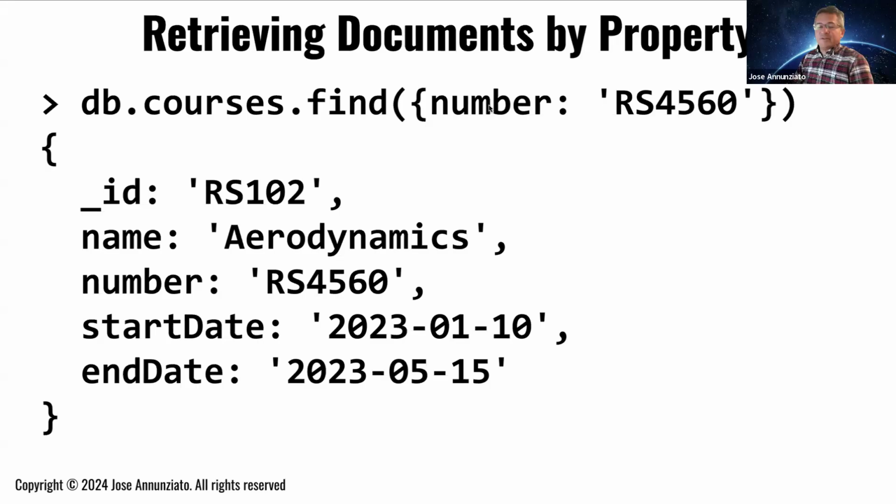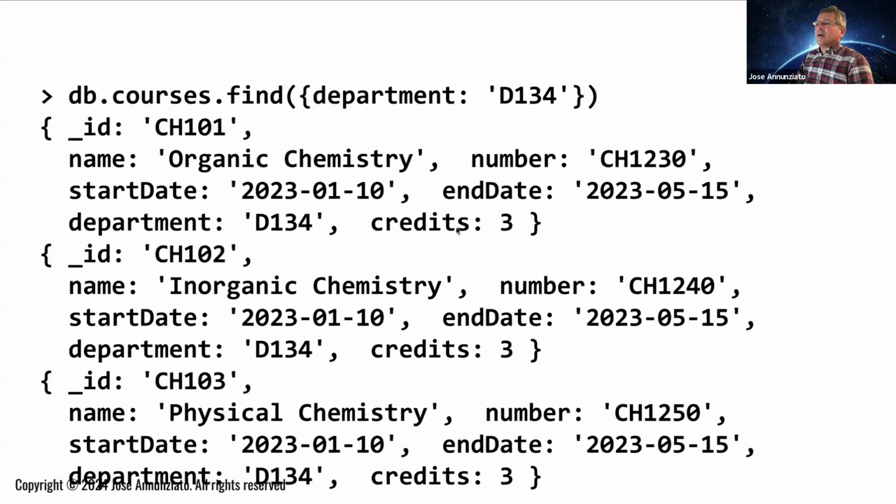For instance, find the course whose number is RS4550, and now it could be that it comes back with a single document or all the documents that match that criteria. If you filter by department, there might be many courses in that department. It's not all the courses, but it'll come back with a list of courses that match that criteria.